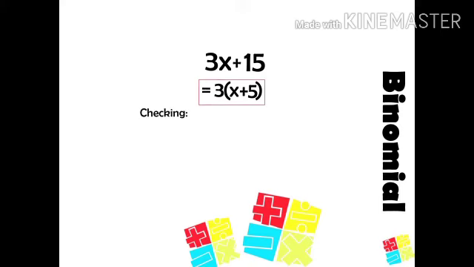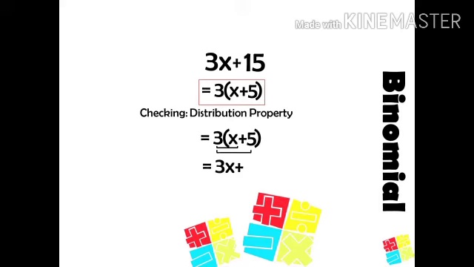To check, we are going to use the distribution property. In the distribution property, we are going to multiply 3 to the inner terms. Distribute 3 to x, which will be equal to 3x, then 3 to 5, which will be equal to 15.